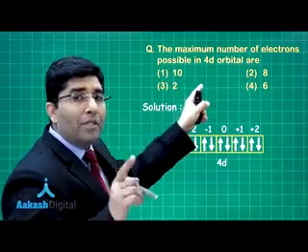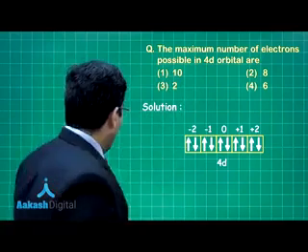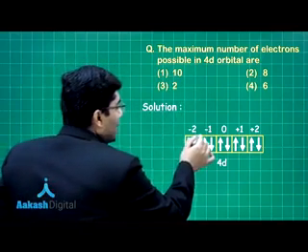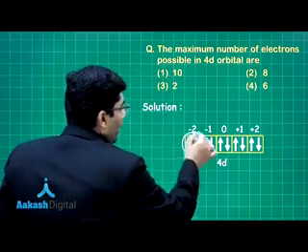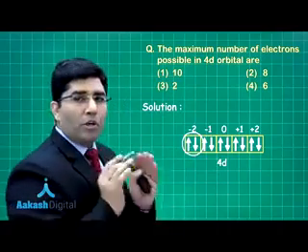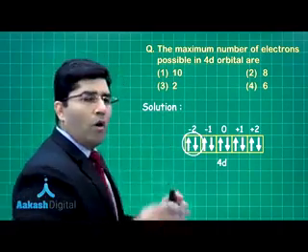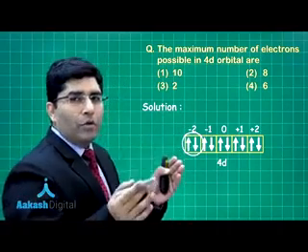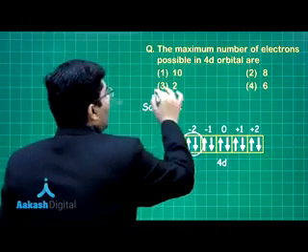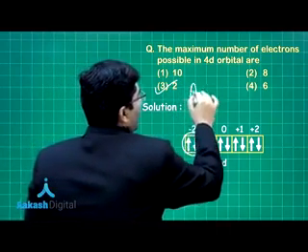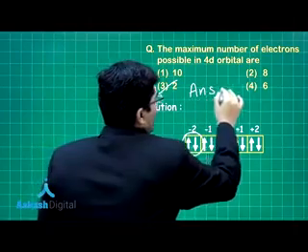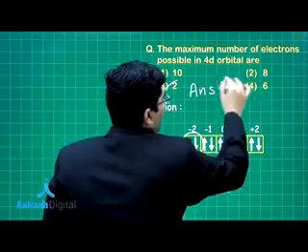So there is a difference between subshell and orbital. So this is an orbital, and the number of electrons possible in this orbital or any other orbital is equal to 2. Therefore, third will be our correct answer. So answer is option number 3.